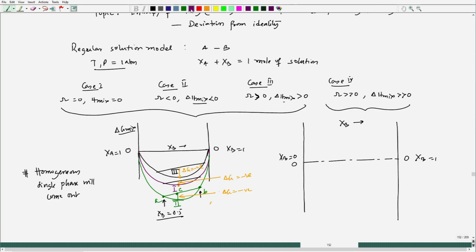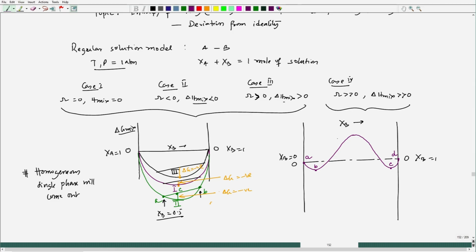So, my plot would be like this, and we see there are a couple of points. Let me just mark those points. Let us say this is A, this is B, this is let us say C, and this is D. This one, this one, this one, and this one. Right? Okay.